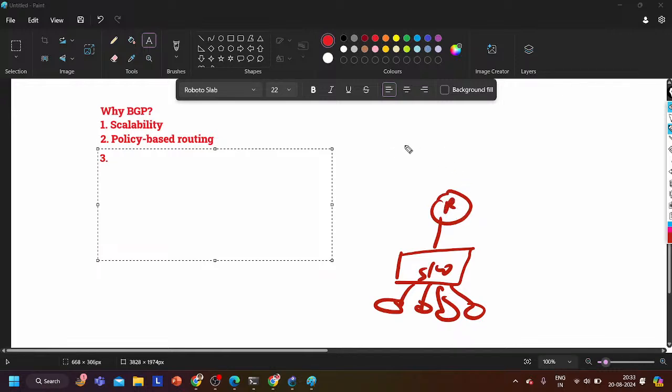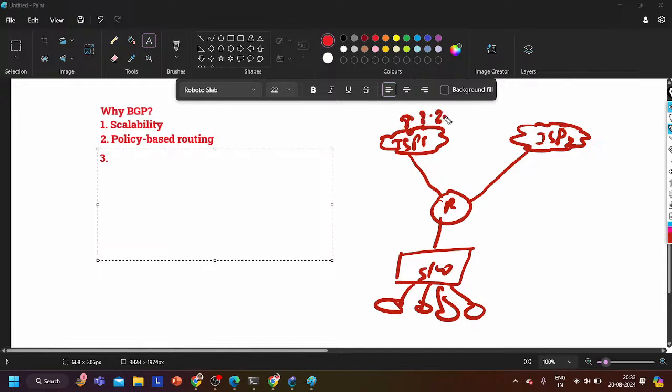Let's suppose for redundancy and load balancing, I have connectivity from two different ISPs, ISP1 and ISP2. On both ISPs, there are servers. Let's say 8.8.8.8.